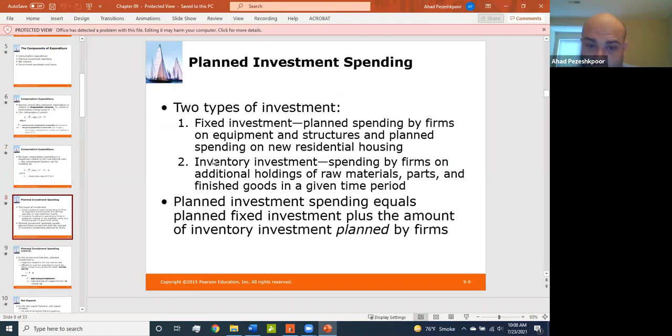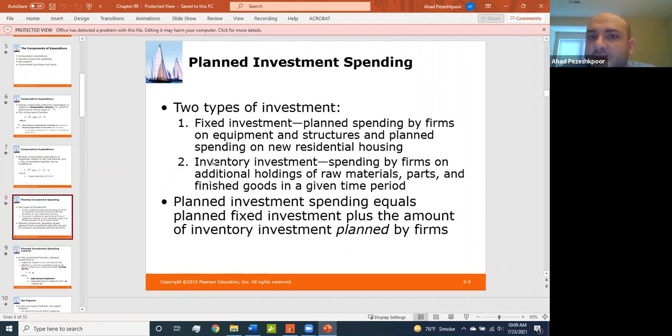Two types of investments. Fixed investment is planned spending by firms on equipment and structures. You're a farmer, you buy yourself a brand new tractor, that's investment. The second one is inventory investment. Remember the restaurant owner or the farmer? Let's assume I'm a corn farmer and I have 10 tons of corn.